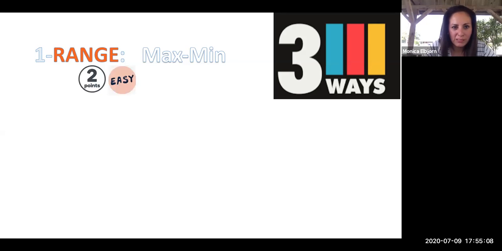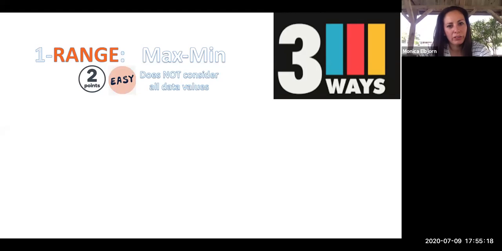So it's very easy. But the bad part is that it only considers 2 points, your maximum and your minimum. So we don't use this very much in statistics because it's not telling you a lot of information about your sample data. It's just telling you what your range is.